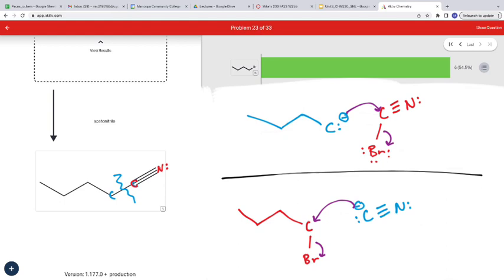Well, that identical one, systems. I lost it. Are we looking for which one better acts as the nucleophile? Yes and no. What do you mean?